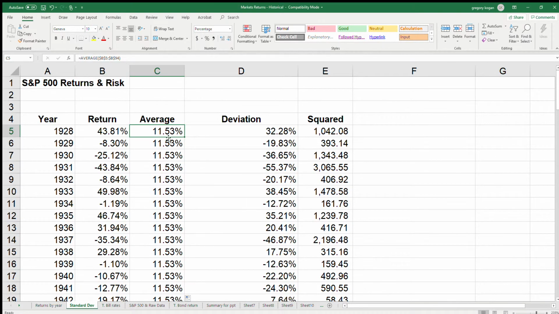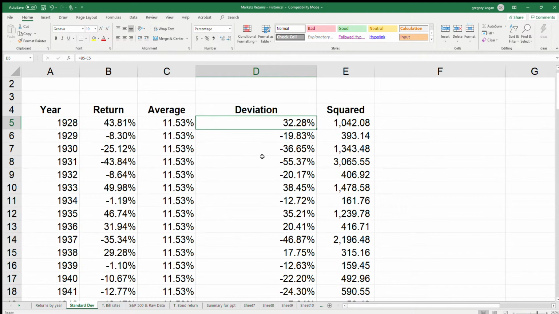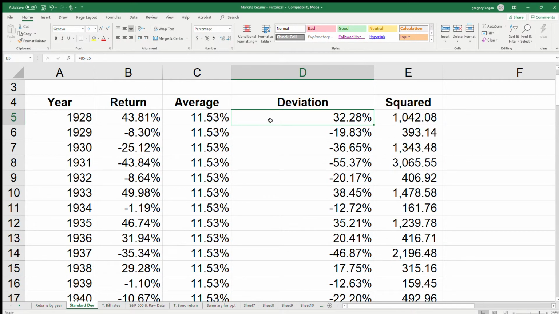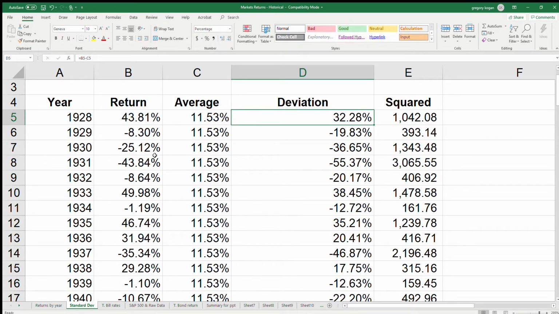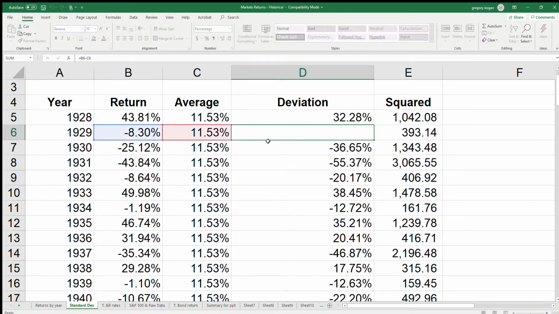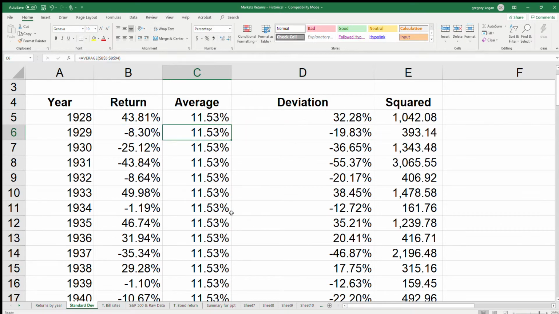What we're doing is just straight standard deviation. So we have the average. Now, what is the deviation from the mean? That is basically all that is saying in simple terms. We're saying that in 1928 there was a return of 43.8%, so that actually was 32% above average. Then year by year, you could see 1929 it was actually 19% below average.